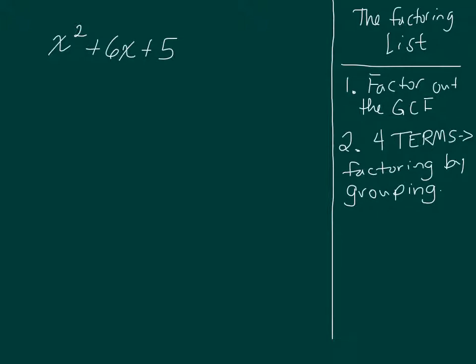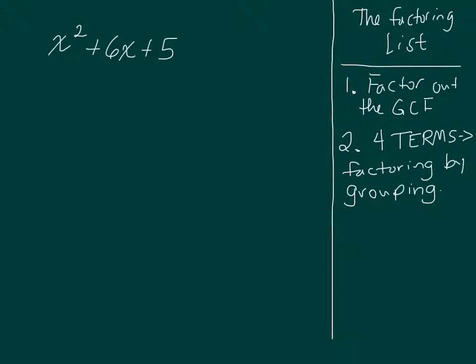So if I'm looking at x squared plus 6x plus 5, I go down the factoring list. Factor out the GCF. Well, there's not an x in all of them, so I can't get an x out. 1, 6, and 5, they don't have any common factors, they don't have anything in common. So I can't factor out the GCF.